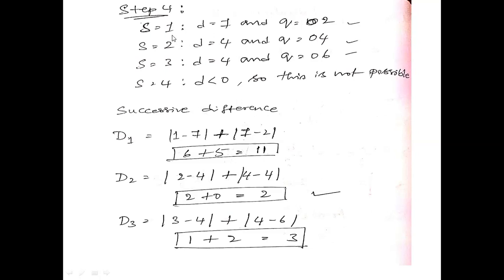This is not always the case. There are some situations when you assume a value for s, you might begin with a negative solution for the other two unknowns. If that's the case, you keep on increasing the value of s till you start getting positive solutions for the unknowns.